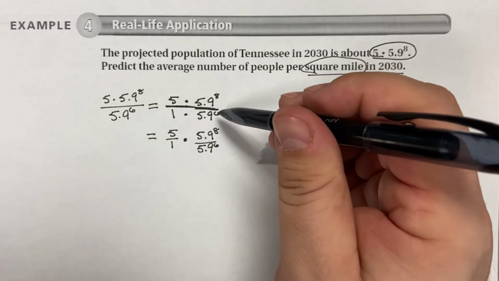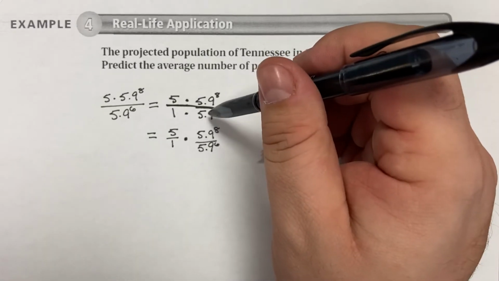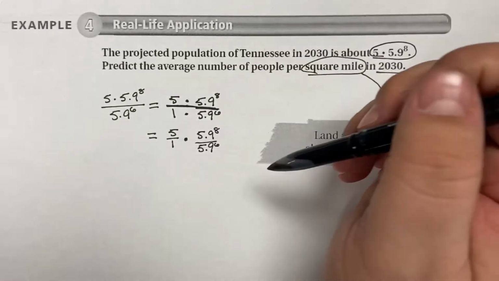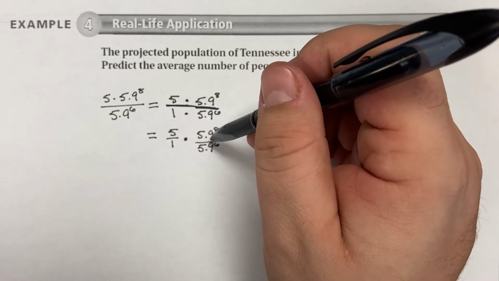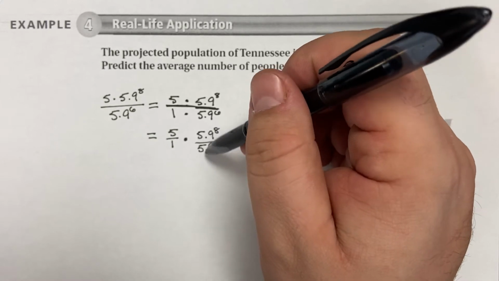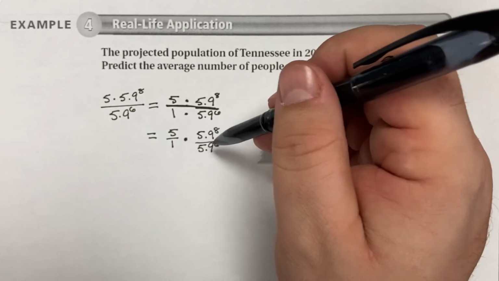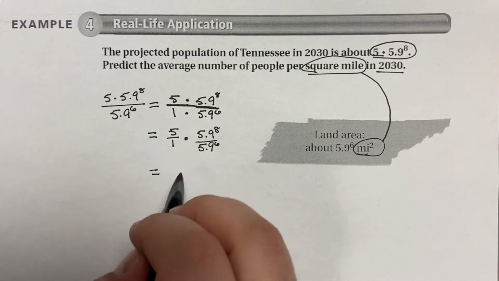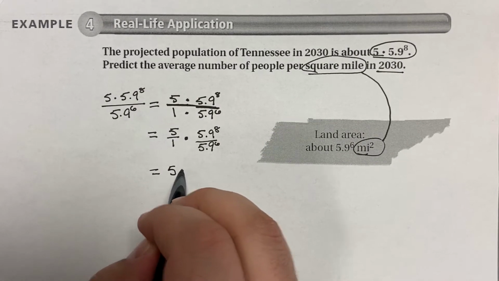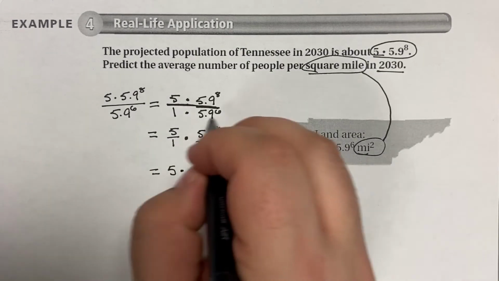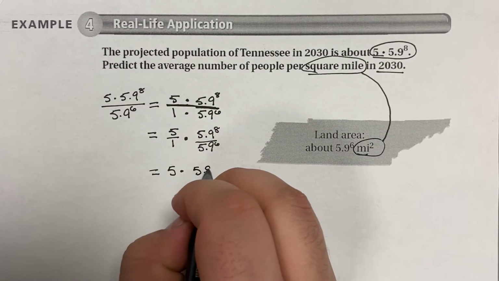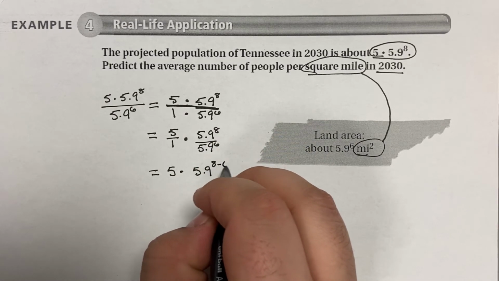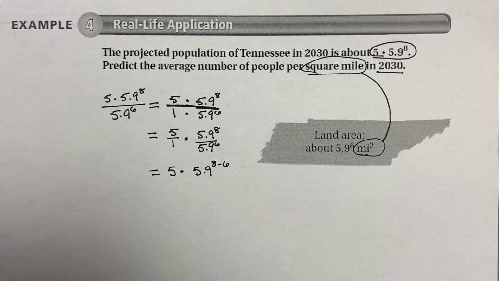Now, because the order of multiplication doesn't matter, I got to choose whether this 1 stayed with the 5 or the 5.9 to the 6th went with the 5. Hopefully you notice why I chose to keep these two together: they're the same base. That's going to help us. So this is going to be equal to 5, because 5 over 1 is 5, times, since it's the same base, we just write the base, and since we're dividing, we subtract the exponents.